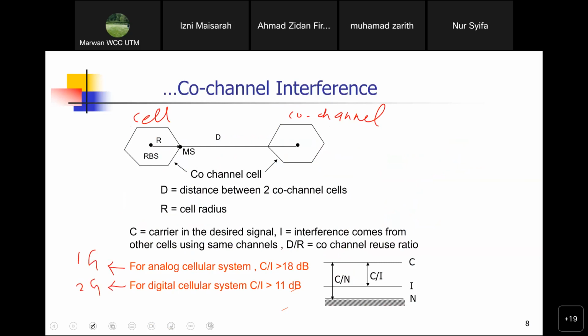So this is actually an old system, and we don't have the information for 3G, 4G, and 5G. The analog system requires a higher dB, of course. When you change from analog to digital, digital can work with a lesser C over I. There is at least a 7 dB improvement.